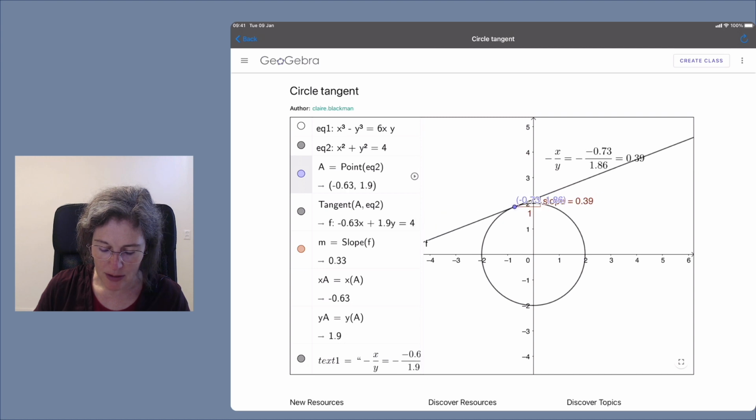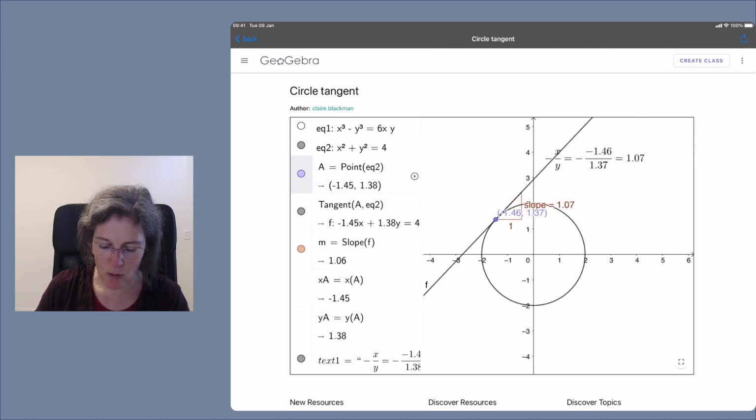If we bring our point round a little bit more, now we've got a tangent that is sloping upwards, so it's become positive, and again the slope and what we would calculate are the same.